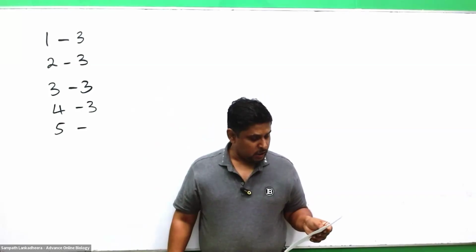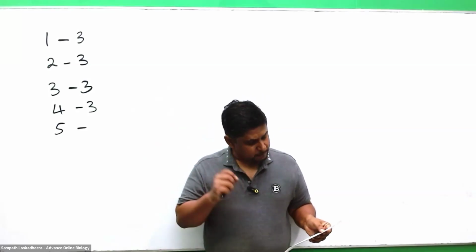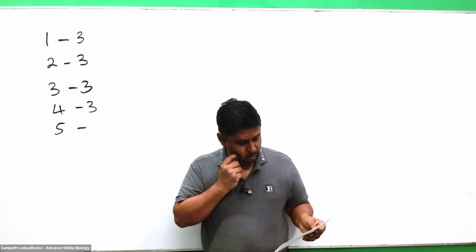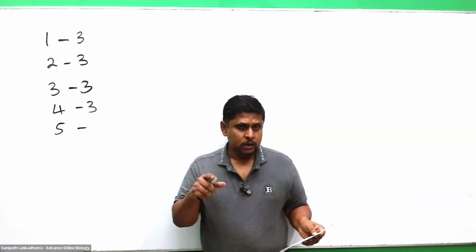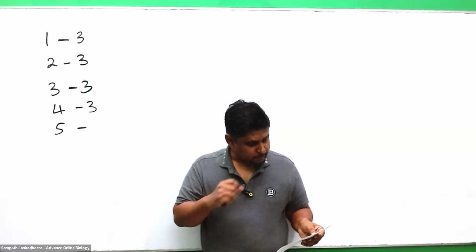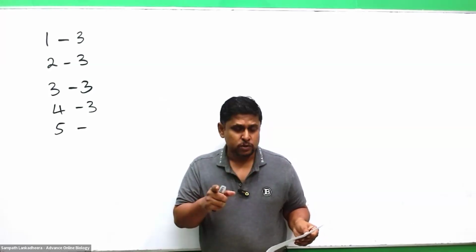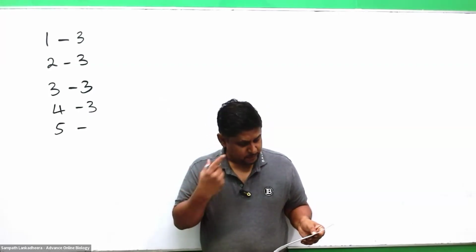Solute potential in plants is independent of the molarity of the solution? No, it's not independent, wrong statement. It is directly proportional to the molarity of the solution: the more the solute, the lower the potential.